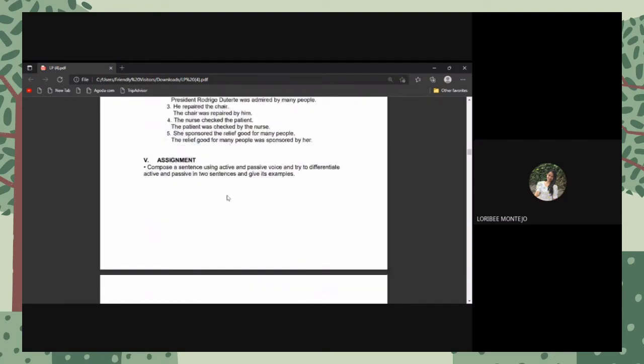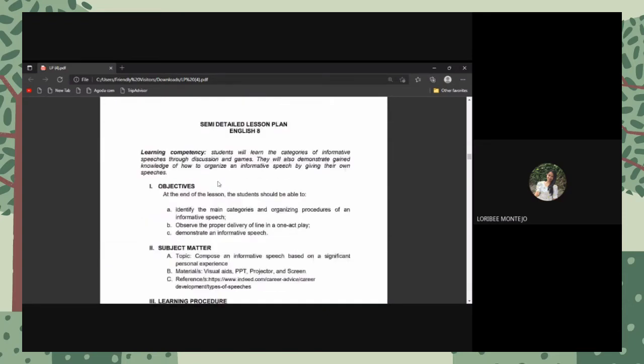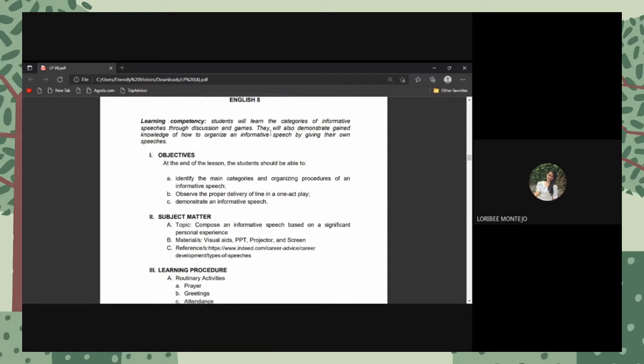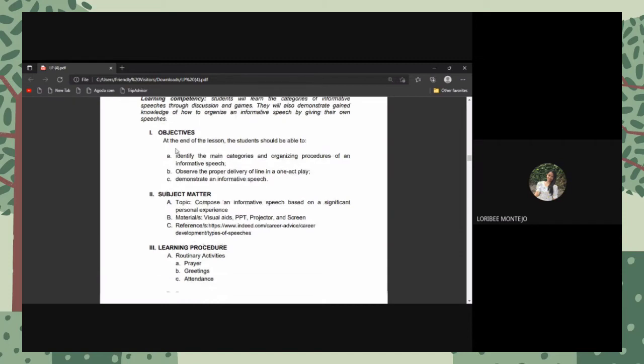So now let's proceed to the lesson plan for our second day. Here, our learning competencies for our day 2 lesson plan are that students will learn the categories of informative speeches through discussions and games. They will also demonstrate gained knowledge on how to organize an informative speech by giving their own speeches.